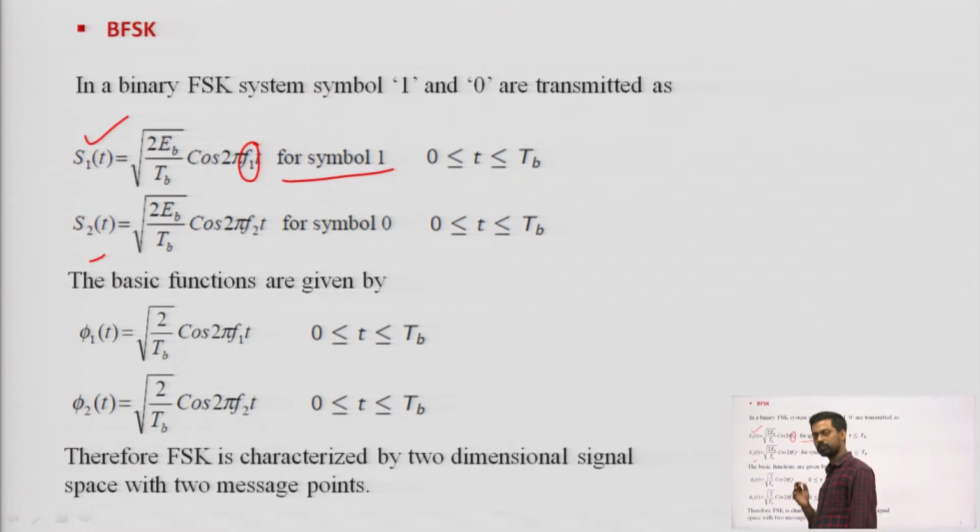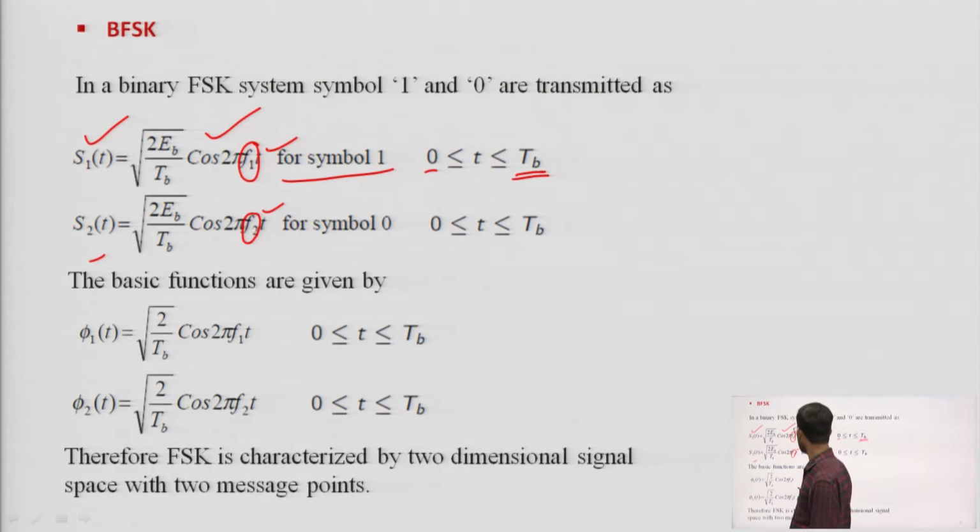In amplitude shift keying, S2(t) was directly 0 because the amplitude was 0, but here S2(t) is present with a different frequency, F2. And t lies between 0 and the bit period.